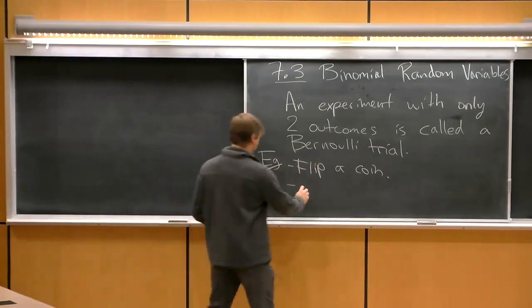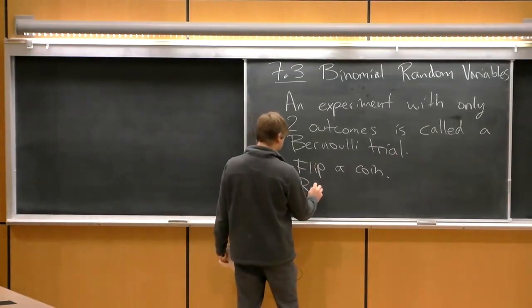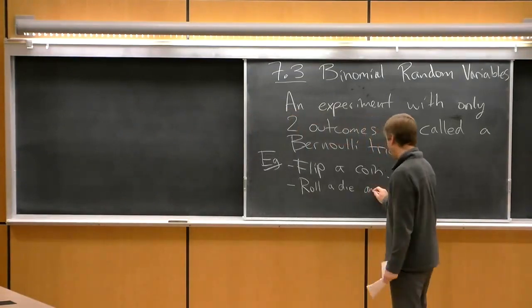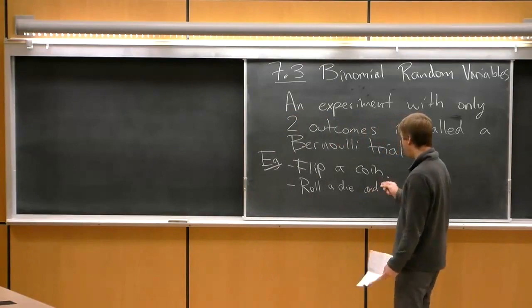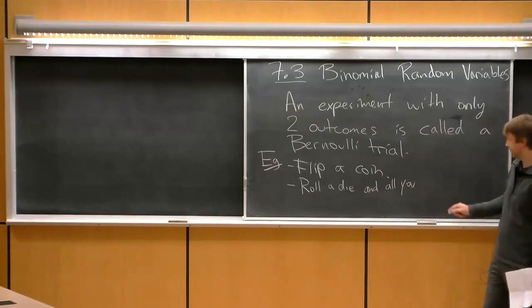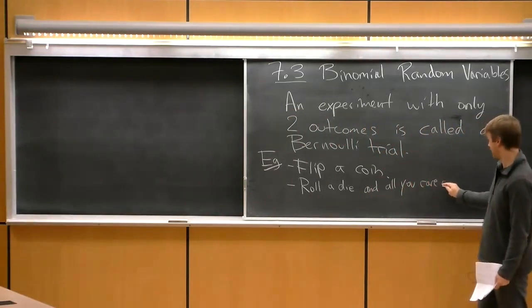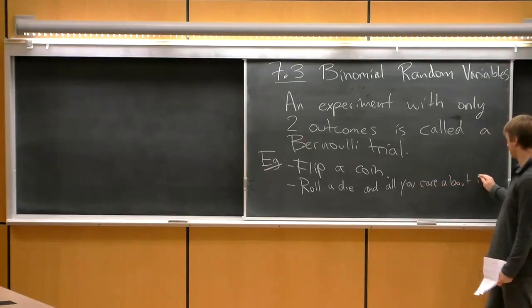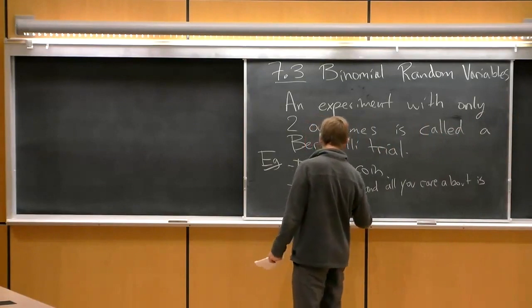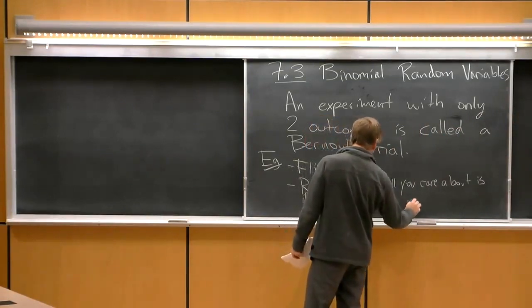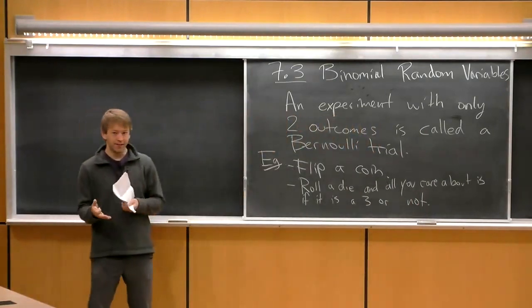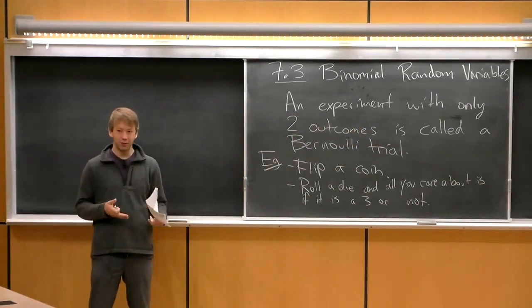So for example, if you roll a die and all you care about is if it's a 3 or not a 3, then there's really just two possible outcomes.